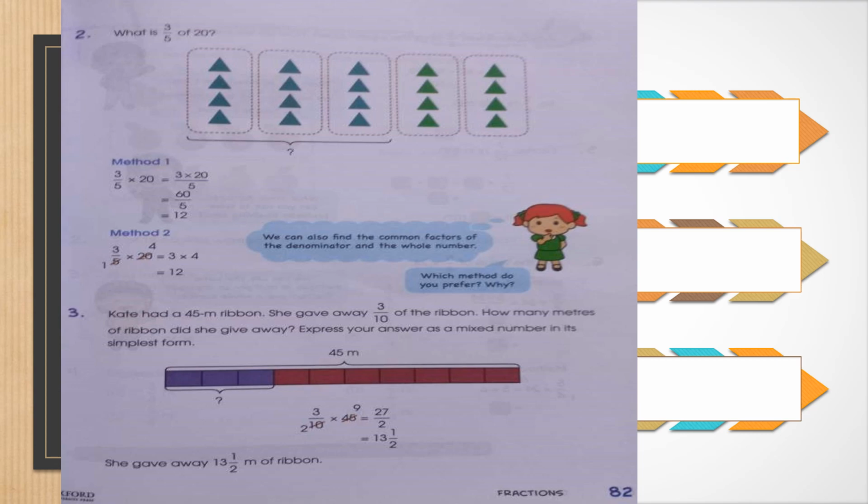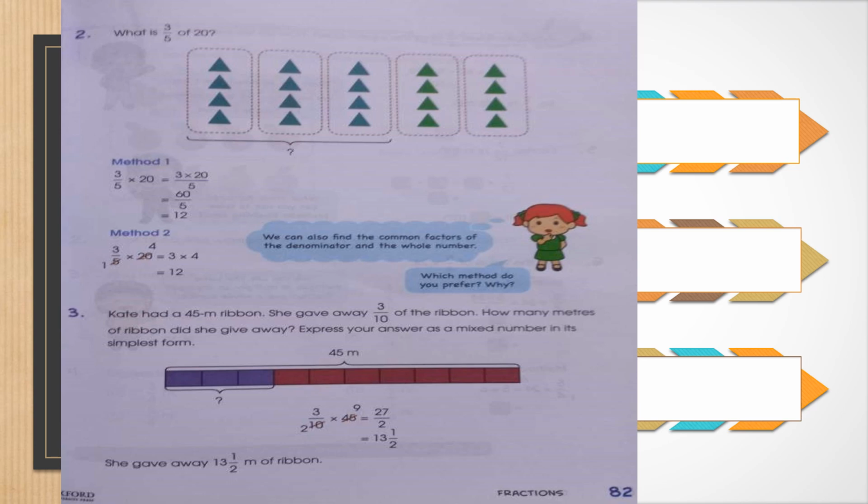By cancelling out 10 and 45 with each other, as we know that 5 into 2 is 10 and 5 into 9 is 45, we have 2 in the denominator and 9 in the numerator. When we multiply this 9 by 3, we have 27, and 2 stays as it is in the denominator.